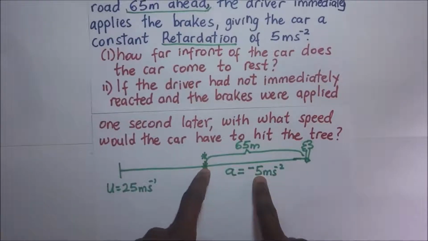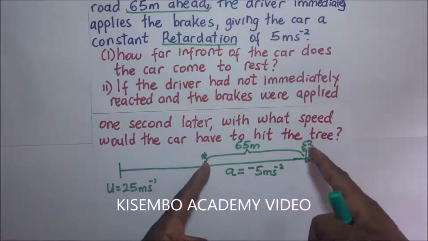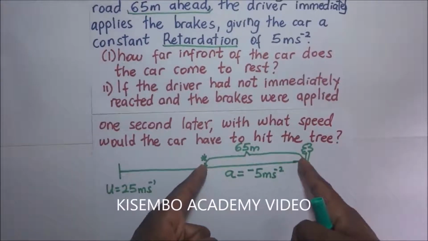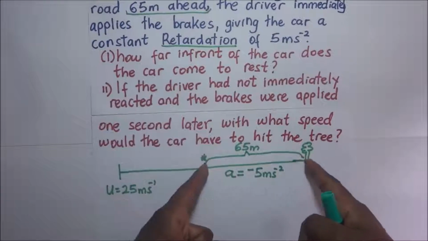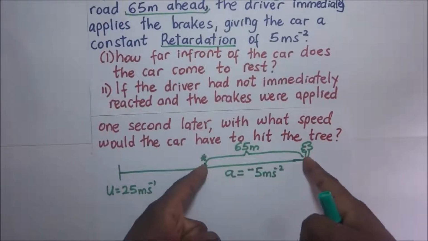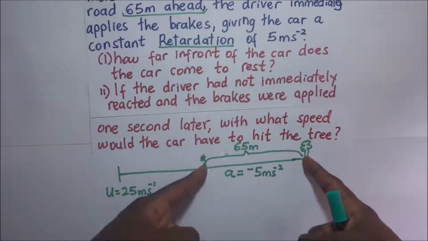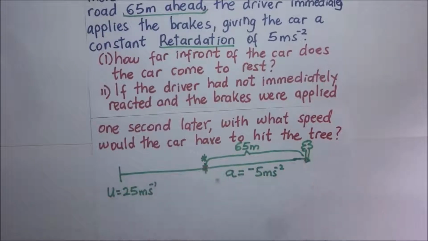It's retarding. So the velocity from this point to that point is no longer constant. Because the velocity between this point and that point is varying, the equations that are going to work in this portion are the constant acceleration formulas or equations which we derived much earlier in the earlier videos.